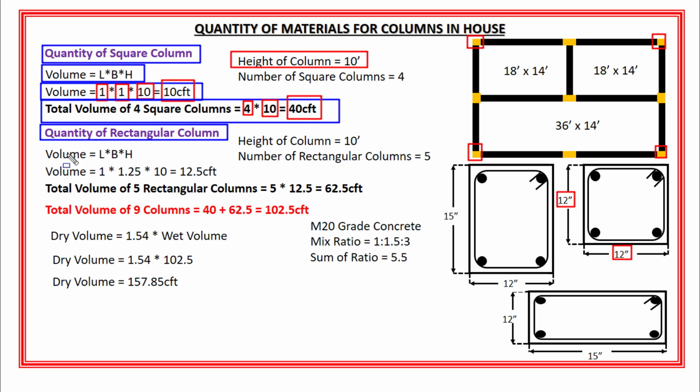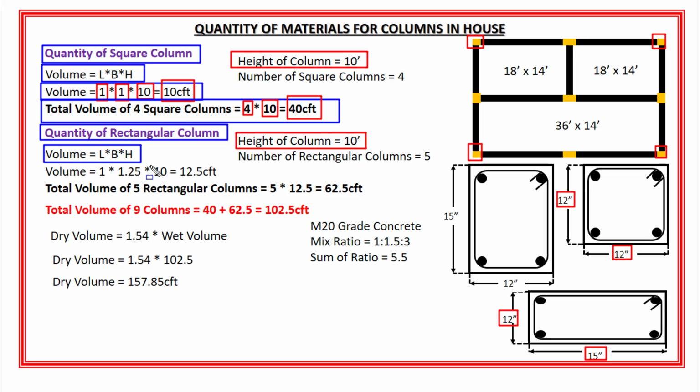Next is the quantity of rectangular columns. So the quantity of rectangular columns is equal to length into breadth into height. Here the length of rectangular columns is 12 inches. Width of rectangular column is 15 inches and height of rectangular column is 10 feet. Okay.